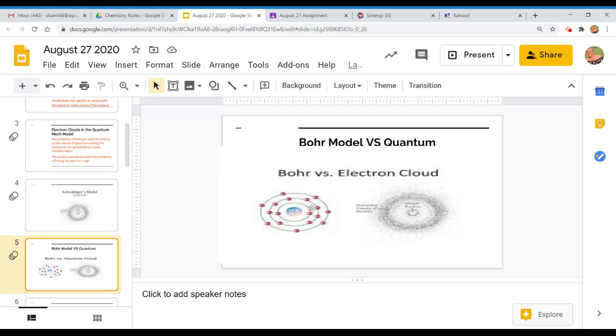And here's a pictorial that shows a diagram of a Bohr model. And in the Bohr model, he does have the electrons, and he was right in that the electrons are in discrete energy levels.